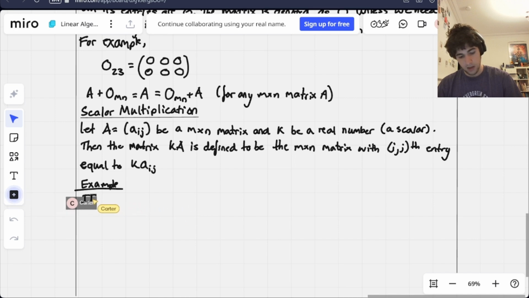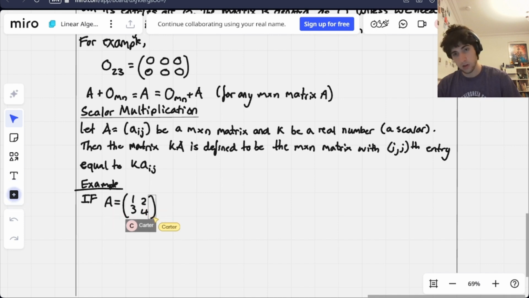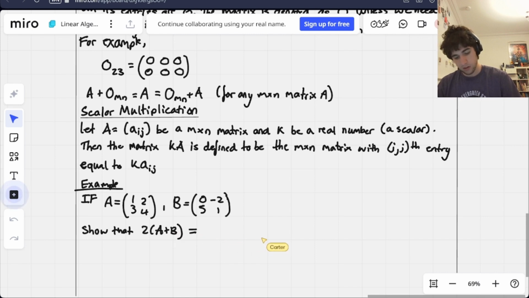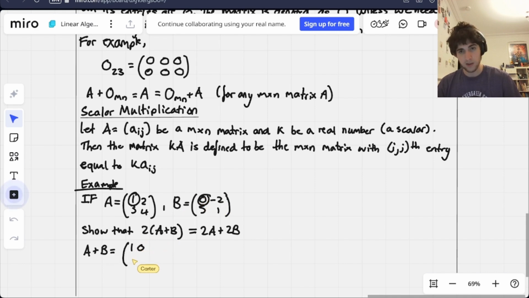If I have a matrix A, which is given by 1, 2, 3, 4, and a matrix B, which is given by 0, -2, 5, 1, then we are asked to show that 2 times the matrix A plus the matrix B is equal to 2 times the matrix A add 2 times the matrix B. First things first, we can calculate the matrix A plus the matrix B. That gives us 1 plus 0, so that's 1. 2 plus -2 gives you 0. 3 plus 5 gives you 8. And 4 plus 1 gives you 5.